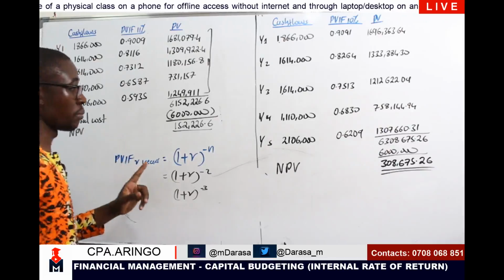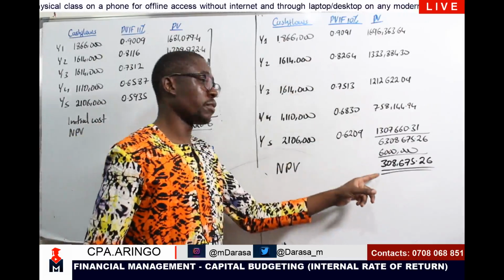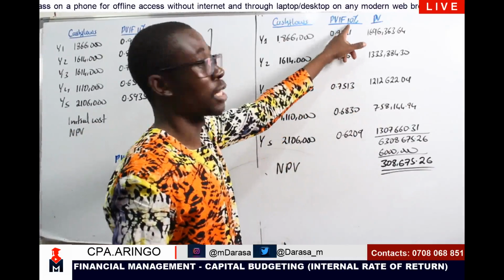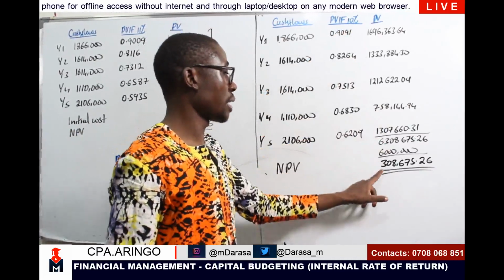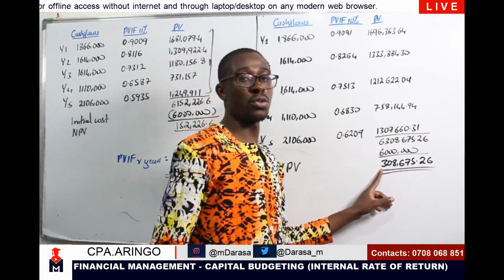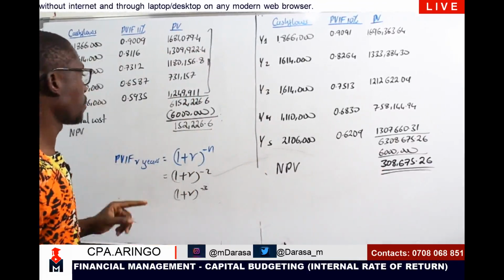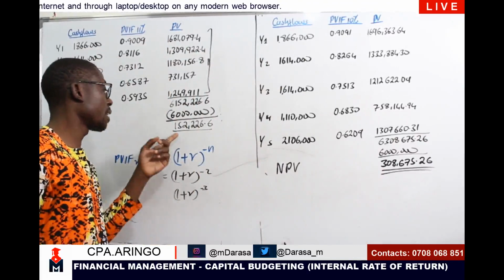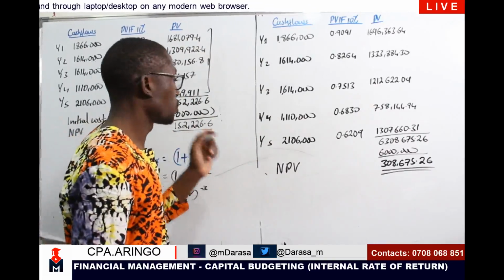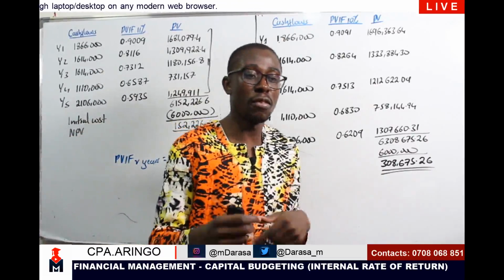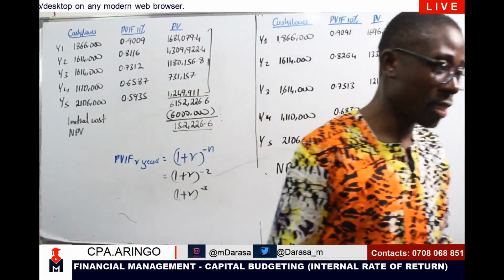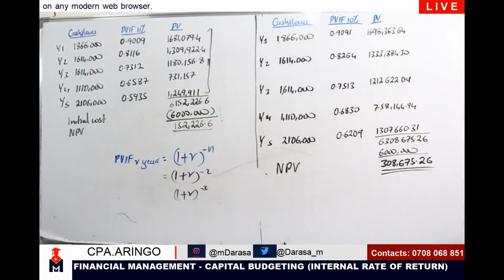So if you compare our net present value when our discount rate was 10%, we had 308,675.26. Our NPV when my discount rate is 11% is 152,226. Inversely related, right?